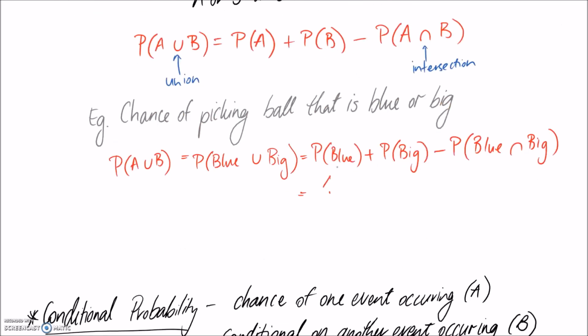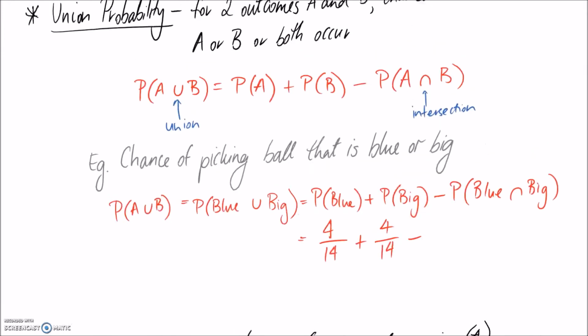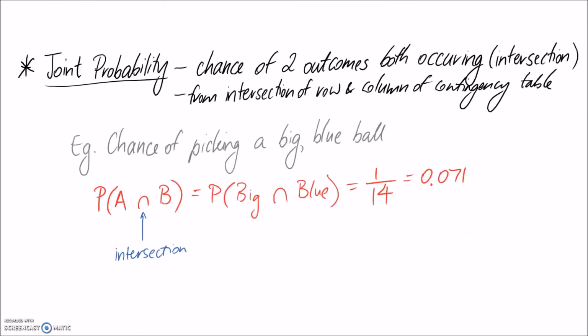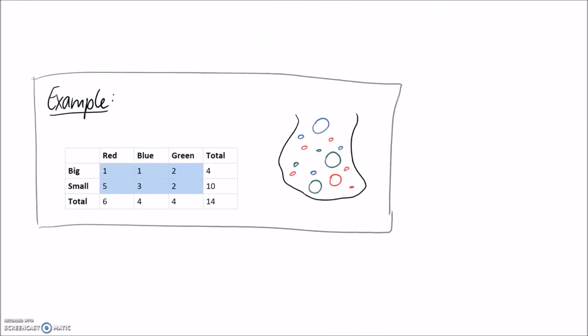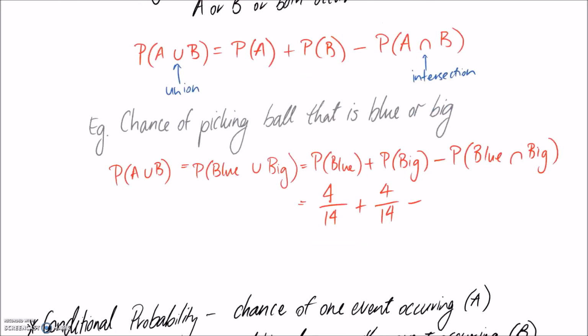So 4 on 14 plus 4 on 14. And then we need to take away the intersection of it being both blue and big. And actually, this is what we did a moment ago, just flipped around. It's 1 on 14. Again, if you refer back to your table, big and blue, you're looking for the intersection of them. So it's 1 divided by the total of 14.